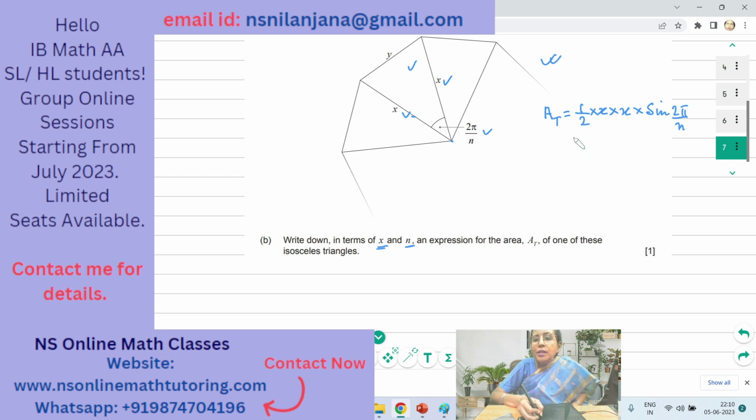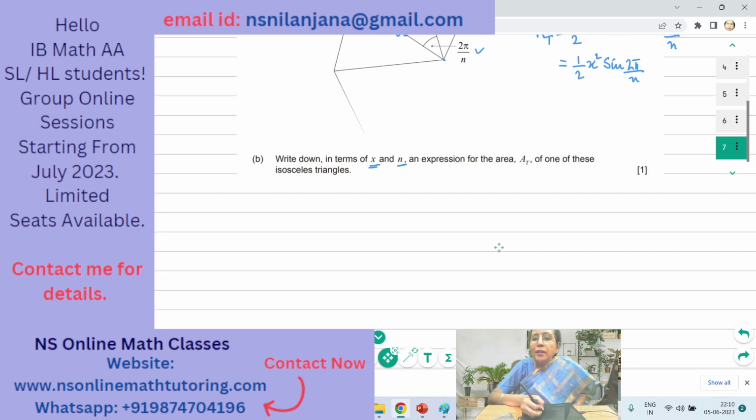Okay, so this is half x squared sine 2 pi by n. This is the trigonometric formula for the area of any triangle. And for an isosceles triangle, these two sides are equal, so it is x and x.